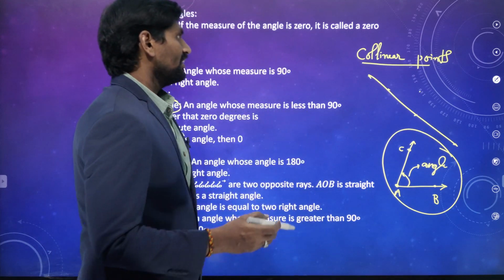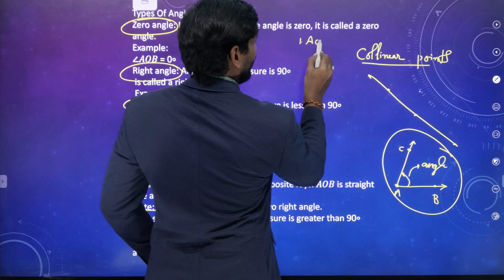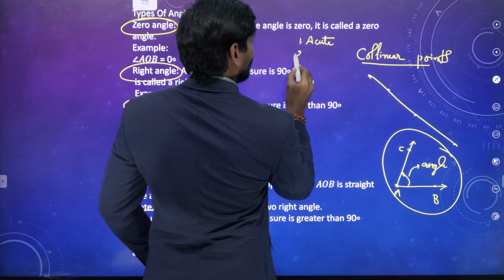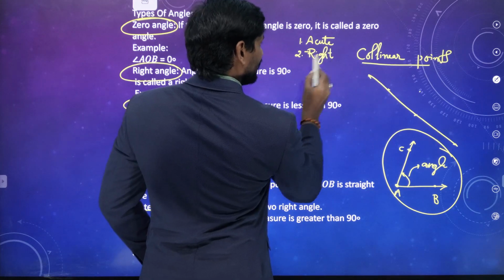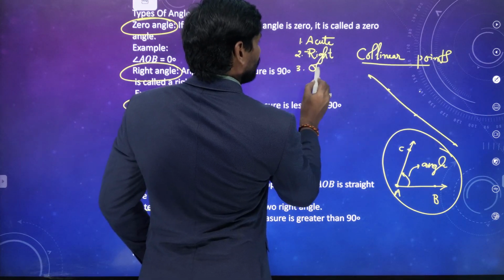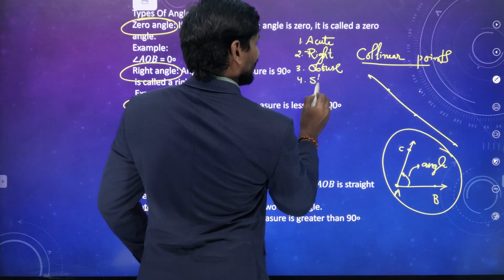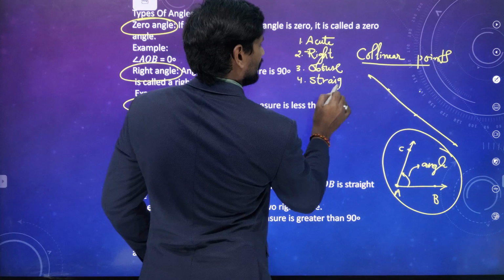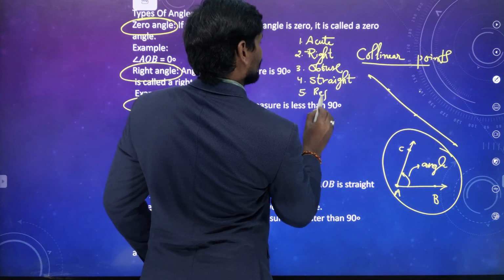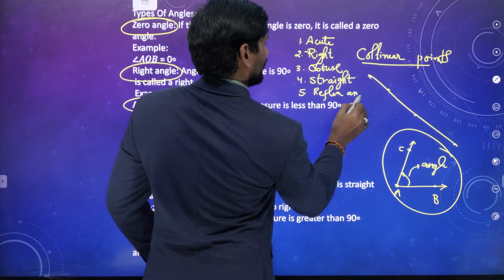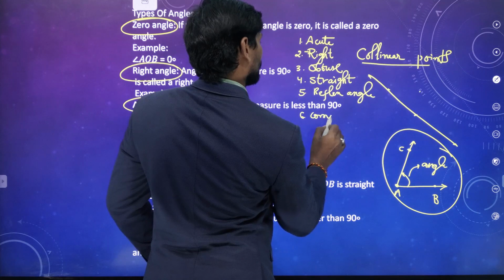So mainly we have these different types of angles. First, acute angle; second, right angle; third, obtuse angle; fourth, straight angle; fifth, reflex angle; and the last one is complete angle.